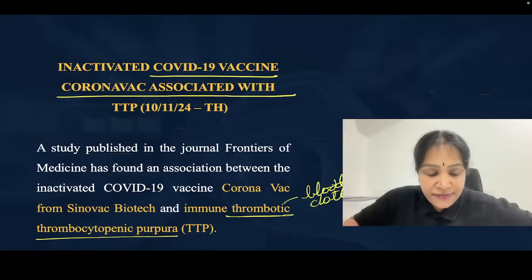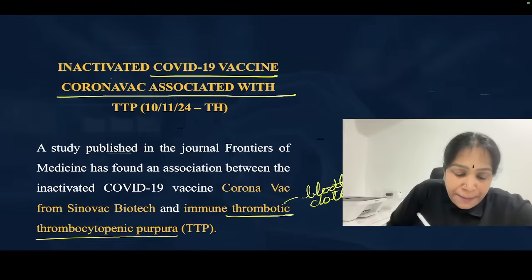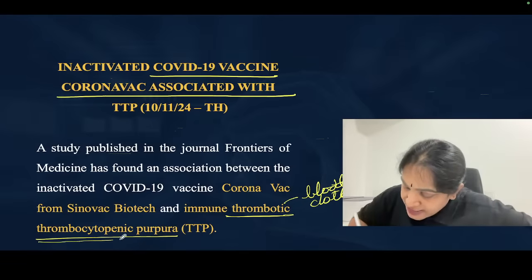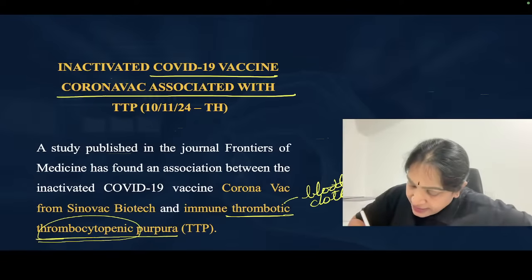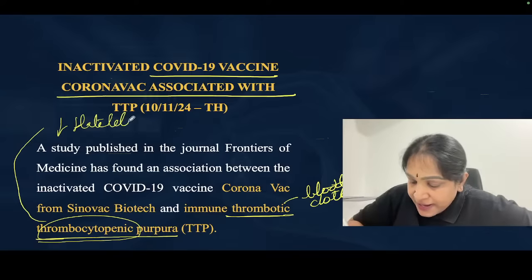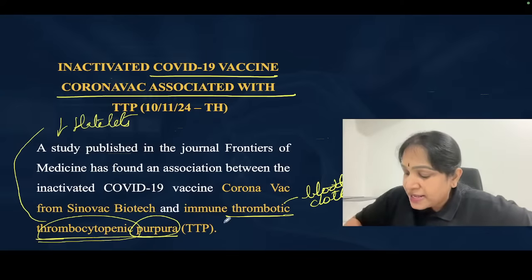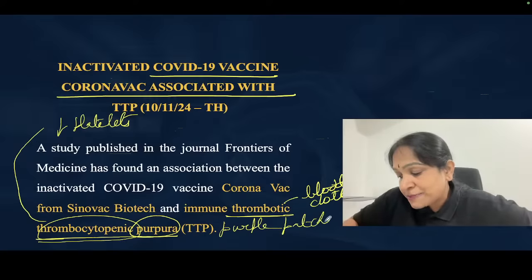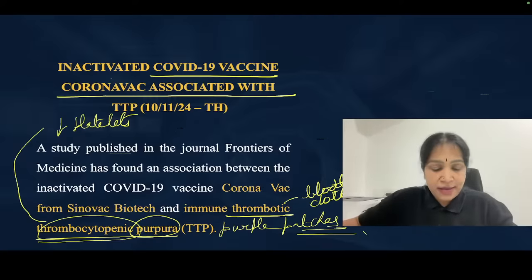The blood clots will consume the platelets. So thrombocytopenia means decrease in the platelets. Purpura means purple patches. I hope it is clear for all of you.